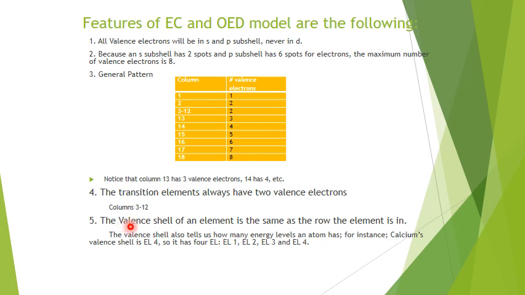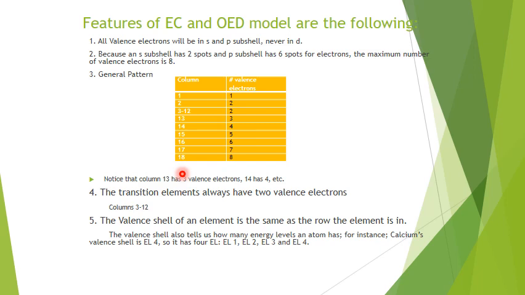Also, the valence shell of an element is always going to be the row that it's in, even if it's a transition element. So whatever row an element is in, you automatically know what its valence shell is, and you can also figure out the number of valence electrons by this pattern: column 1, 1; column 2, 2; 13, 3; 14, 4; and so forth.